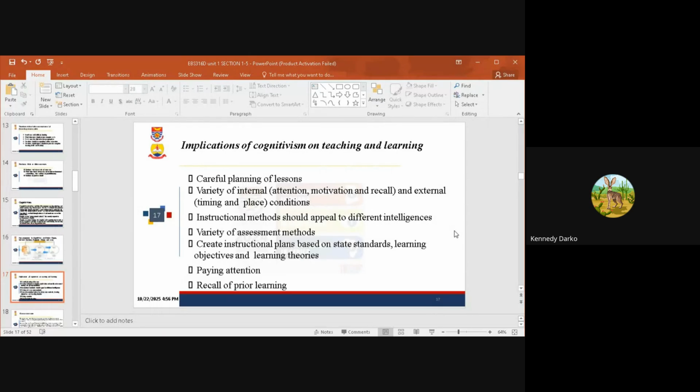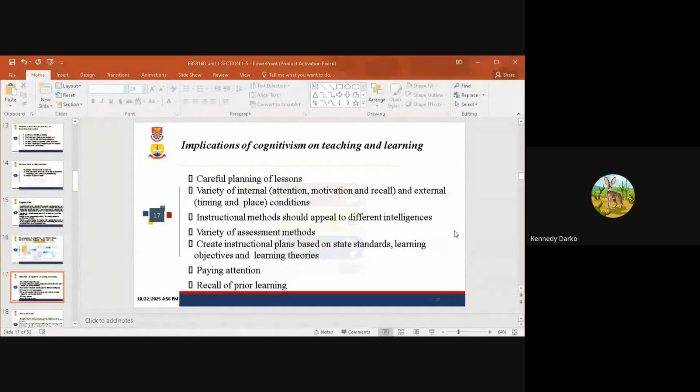We are able to create instructional plans based on state standards, learning objectives and learning theories. So we need to create all these things to help us get to our destination. We have paying attention. When we are teaching, we need to pay attention because we are working on your cognitive.